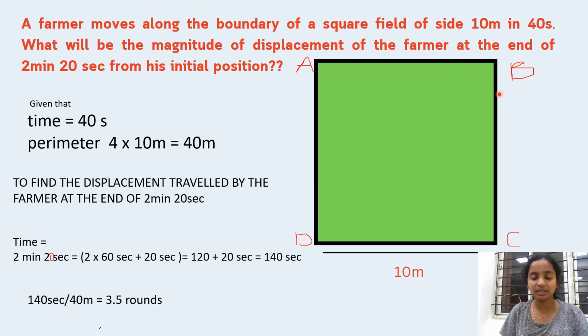So in 140 seconds, how many times can the farmer travel around this path? That is found by time divided by the path. So 140 divided by 40 will give you 3.5. So it will give you 3.5 rounds.